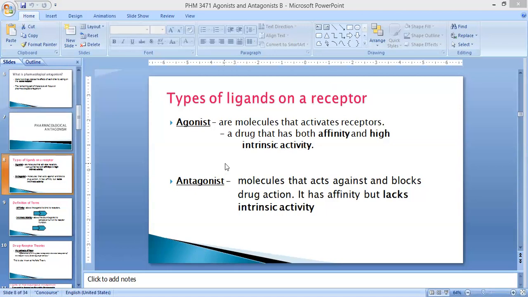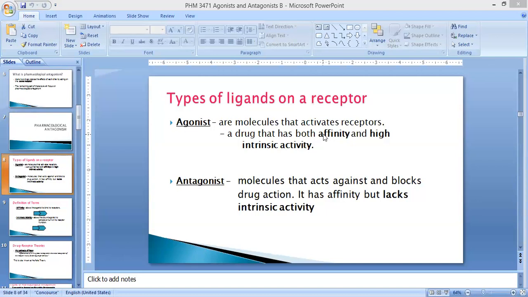One unique thing with agonists is that they have both affinity, remember what we said about affinity, Jana. Affinity is just this drug likes associating with this receptor. So agonists will have a high affinity to that receptor and intrinsic activity.